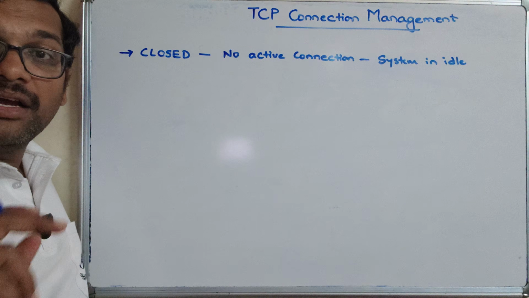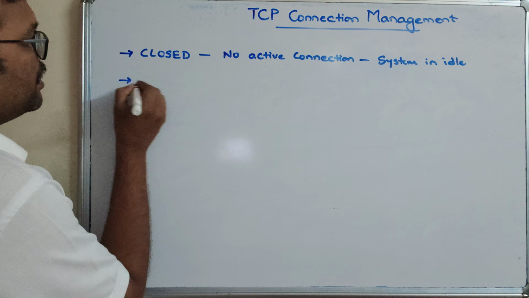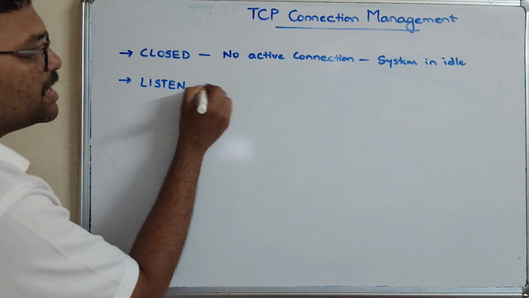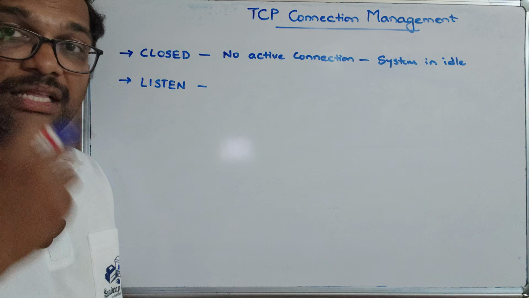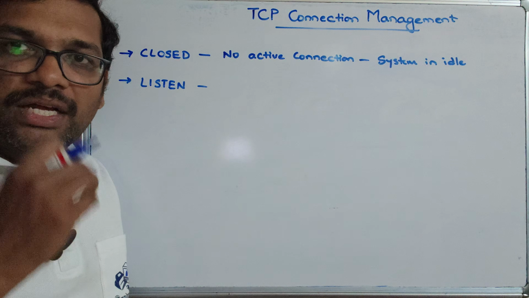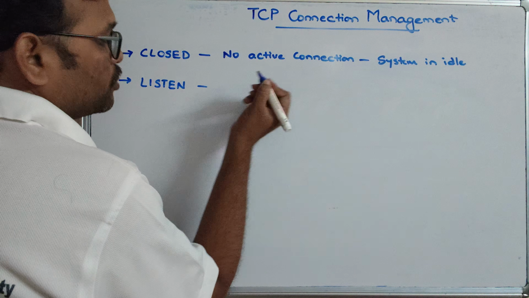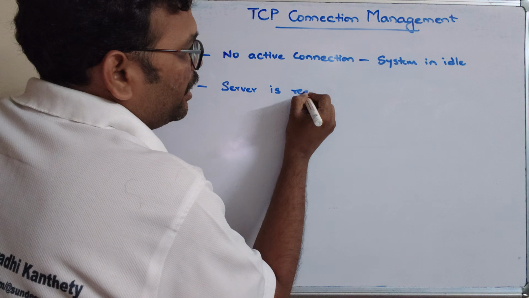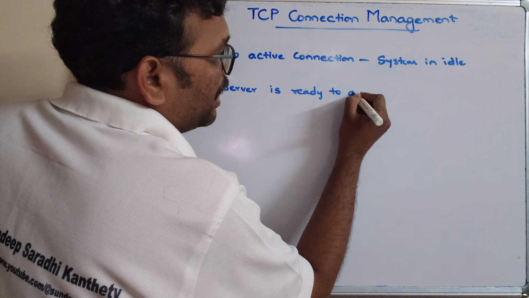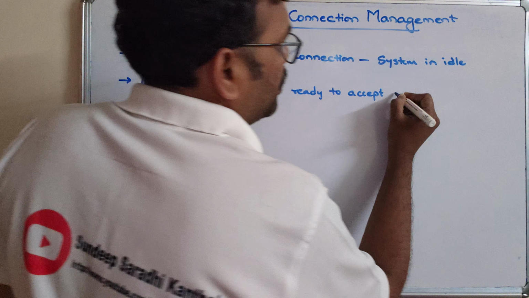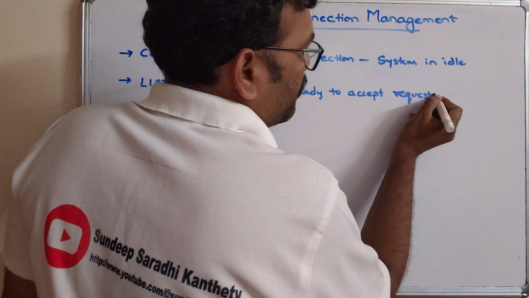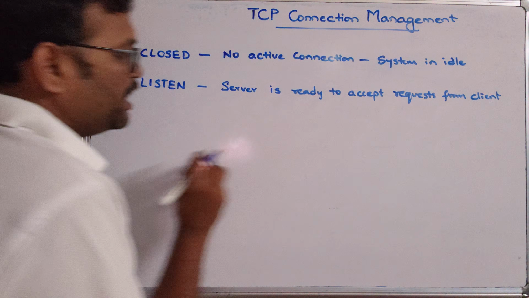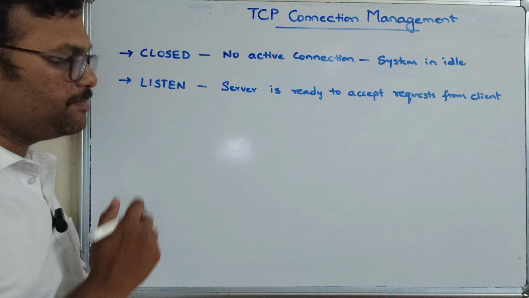That we call a closed state. The next one is the listen state. We have already seen this listen state in the TCP service primitives. Listen means the server is ready to accept requests from the client. That stage we call the listen state.